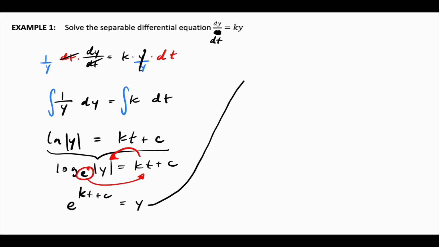All right, I'm going to move this up here. Okay. K we know is a value. T is a variable. What is C? Constant, right? So I'm going to break this up even further.